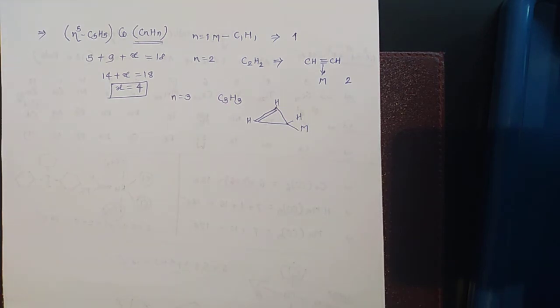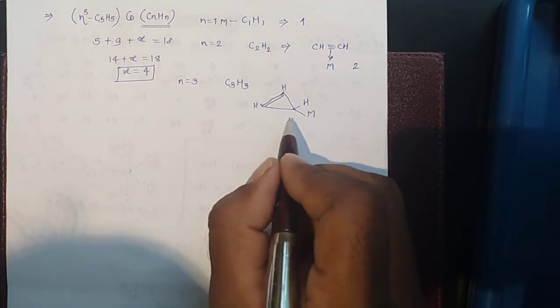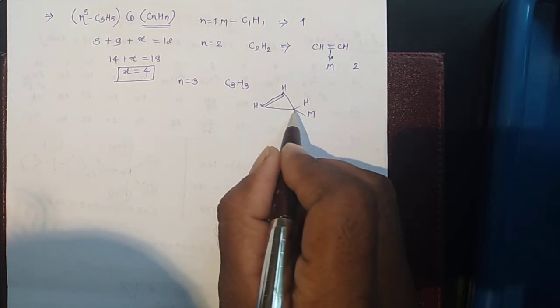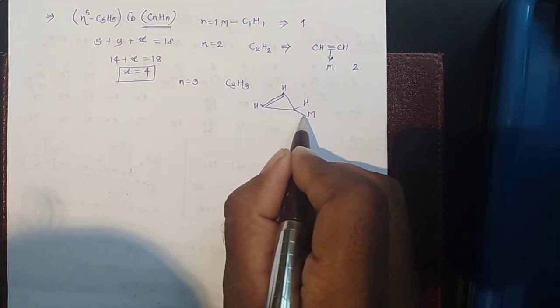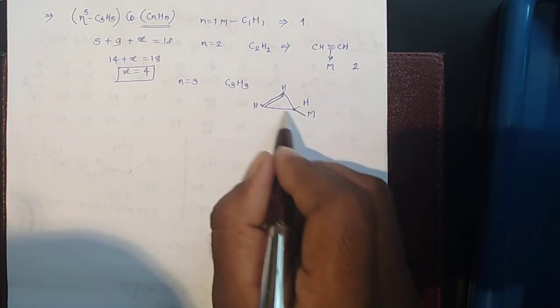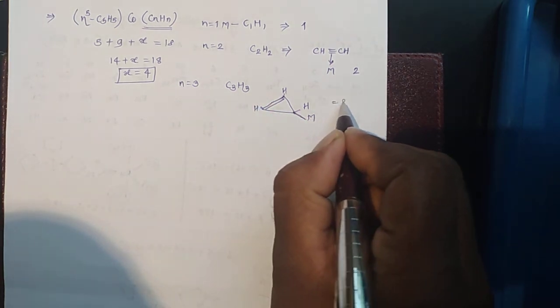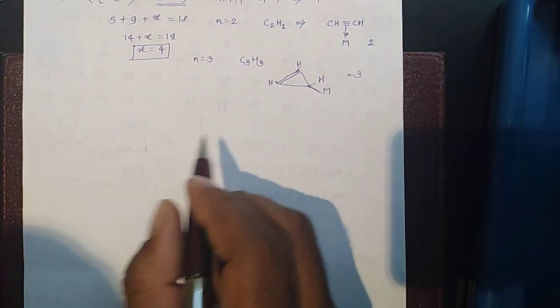So we can write it like this. This carbon will provide to the metal 1 electron, and the double bond will provide another 2. So total here is 3, so this is not it.